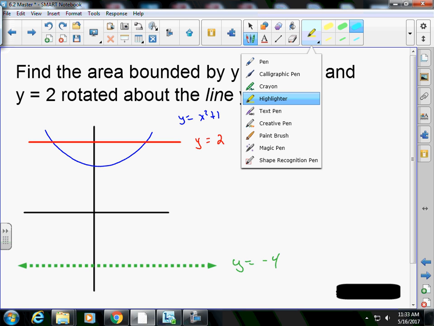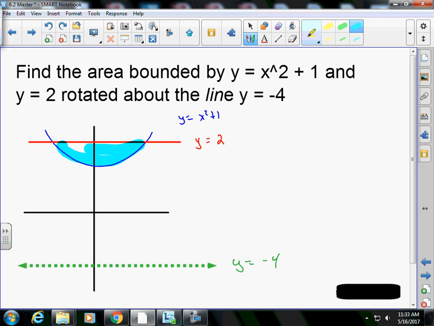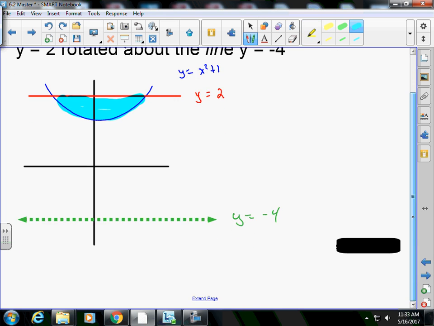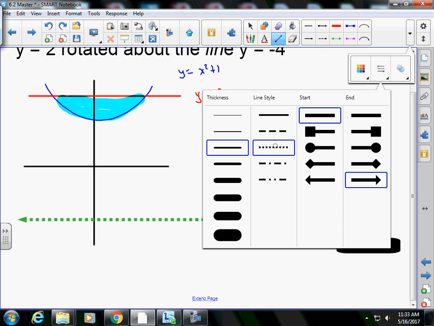So I still want this area here. When I rotate it around, there'll be some line over here. I'm going to just draw an imaginary line here.